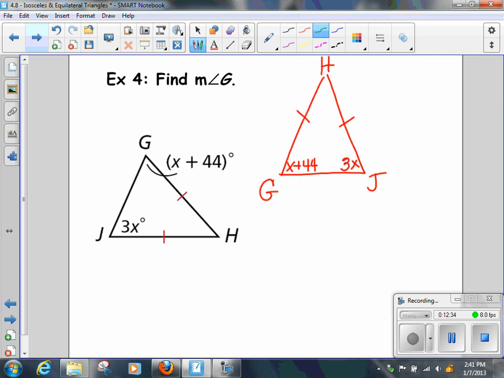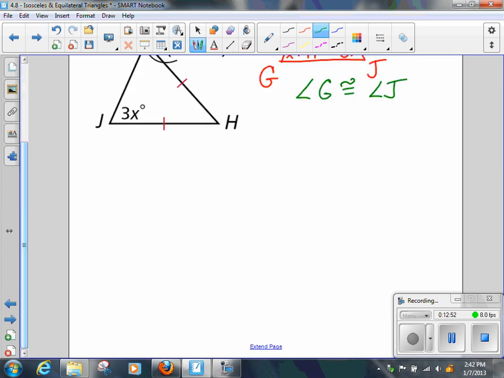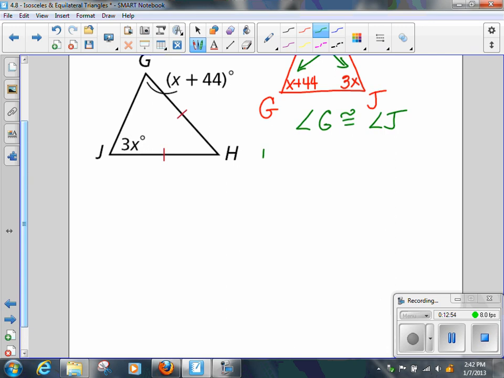If HJ is congruent to HG, then angle G is congruent to angle J. Write this down. And if they're congruent, folks, what do we know about their measures? Their measures are equal. So the measure of angle G is equal to the measure of angle J. This is doing a proof without doing a proof. Now we're going to substitute.